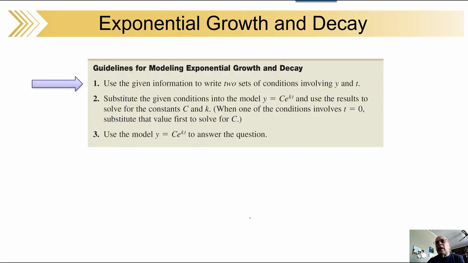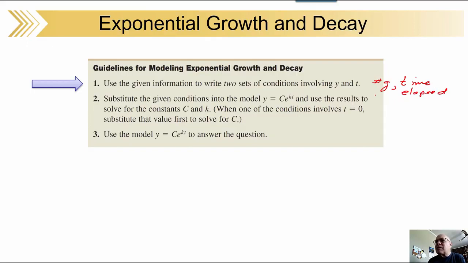So here's how we model the exponential growth and decay. First of all, we have to have two sets of conditions. For example, our conditions might be the number of grams of whatever we've got, and how much time has elapsed.